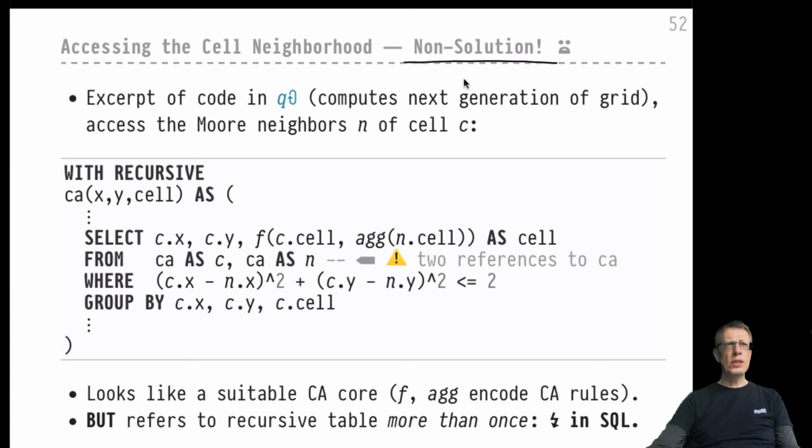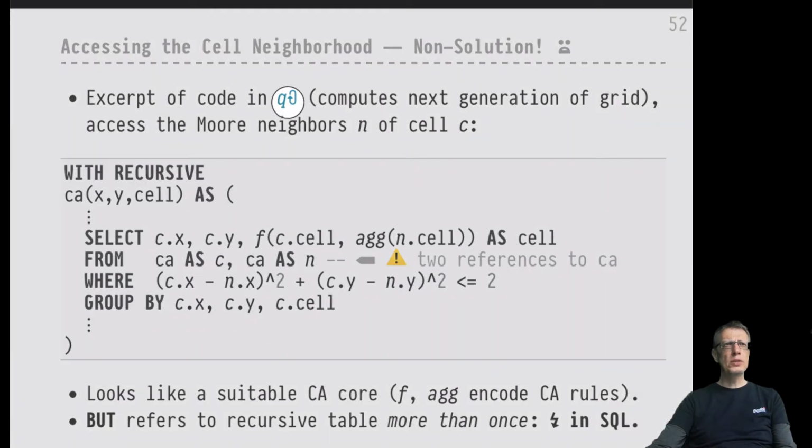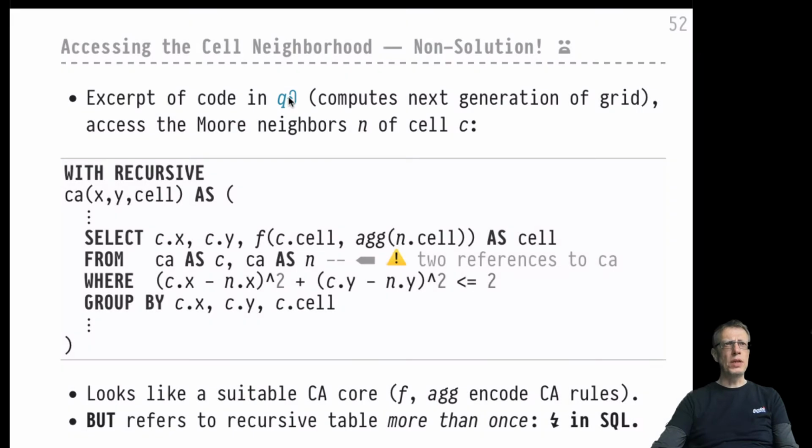All right, so let's assume that we are inside our CA implementation, and we are actually looking for ways to implement the Q loop query, the iterated query that examines the current state of the grid, and for each cell C tries to determine what the next state of that cell C would be.